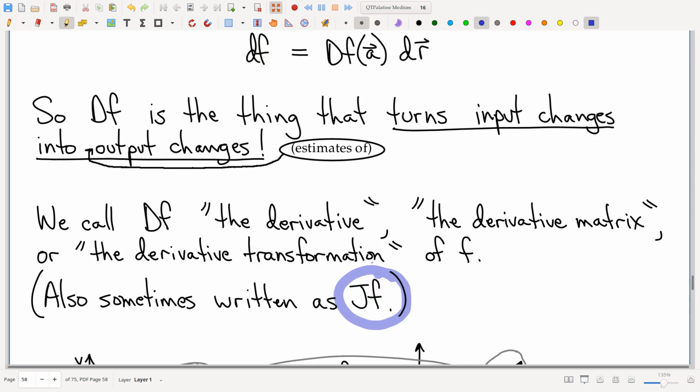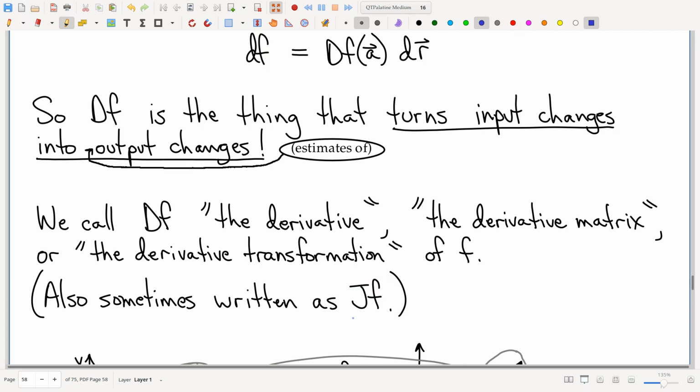I'm going to use D's and call it the derivative matrix, but the multi course that I took when I was y'all's age called it the Jacobian. I anticipate I will probably at some point reflexively fall back to old habits and call it the Jacobian. So if that happens, that's what it is.